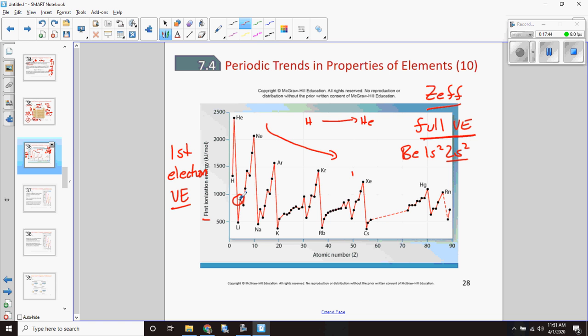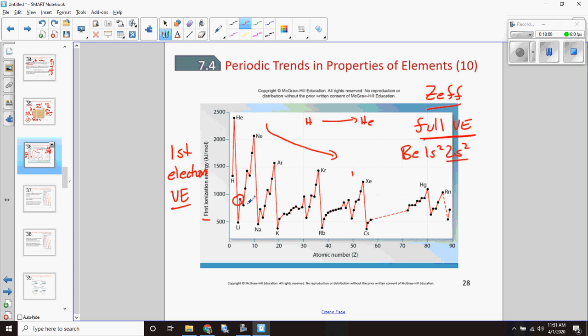Then we go over to the next atom after boron. Lithium, beryllium, boron, carbon, nitrogen, oxygen, fluorine, neon. Yep, okay, I've got them right.